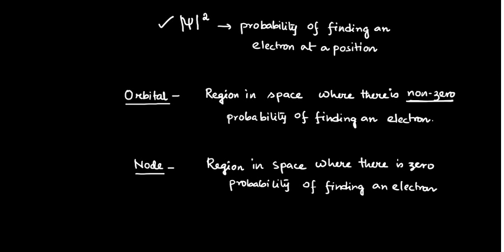Next, when we are speaking about orbitals, we should consider a node. So, what's a node? A node is a region in space where there is zero probability of finding the electron. So, a node is that point, or that region, where there is no chance, no probability of finding an electron. In our class we have already discussed the wave nature of electron, where we treat an electron like a stationary wave or a standing wave.